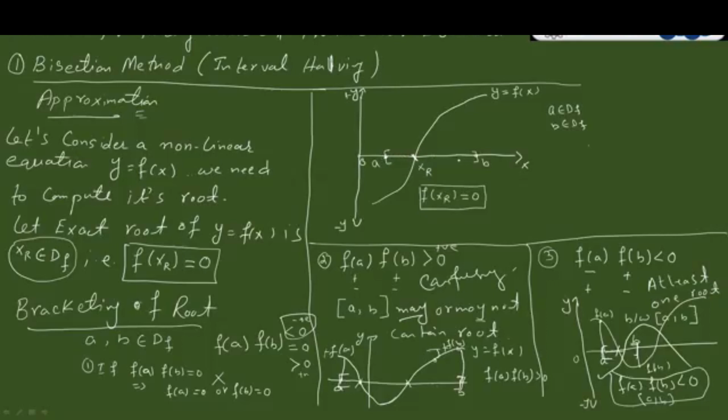One can clearly see from the graph that this property holds: f of A times f of B is less than 0, which means that at least one root exists. Why? Because if I put A in the equation, I will get f of A, which is negative in this case, somewhere down. And similarly, if I put B in the equation, I will get f of B, which is above.